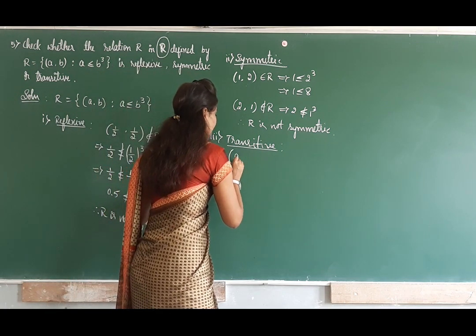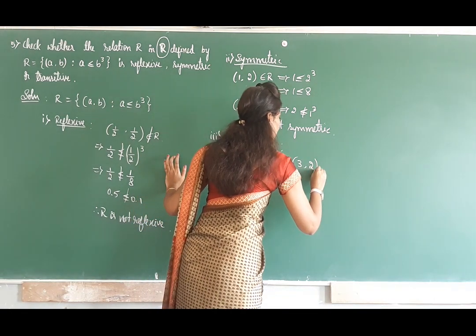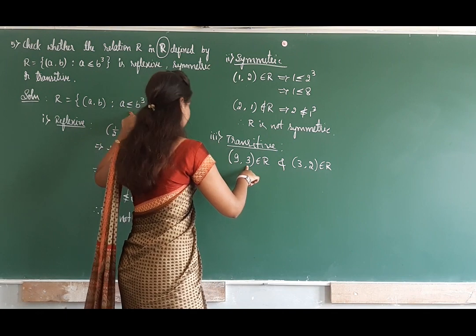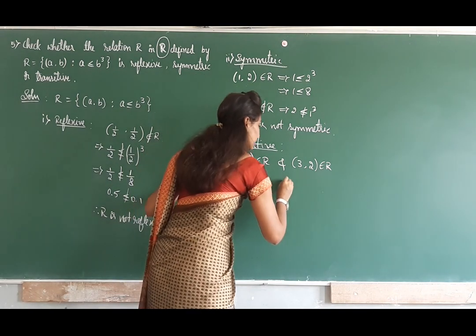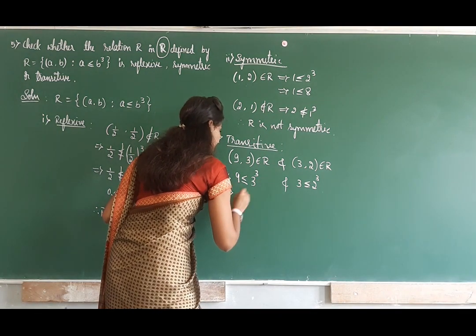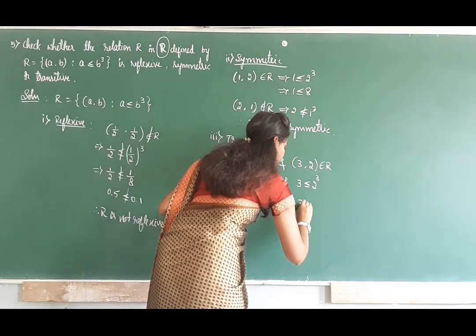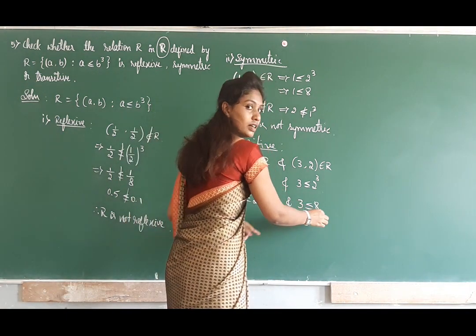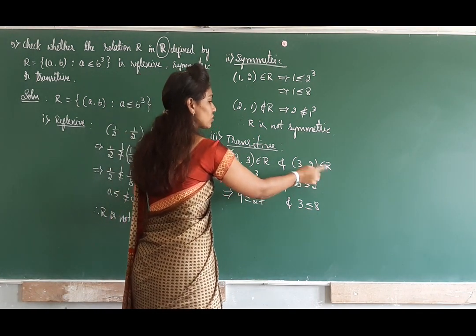First, I am taking the ordered pairs (9, 3) belongs to R and (3, 2) belongs to R. It is satisfying the relation 9 is less than or equal to 3 cubed and here 3 is less than or equal to 2 cubed. 3 cubed is 27 and 2 cubed is 8. 9 is less than or equal to 27 and 3 is less than or equal to 8. These are good. Okay.